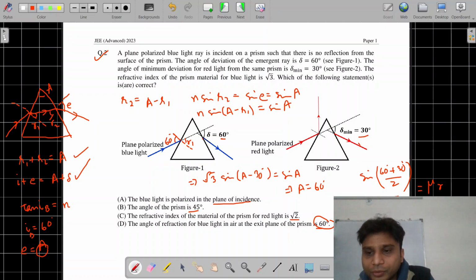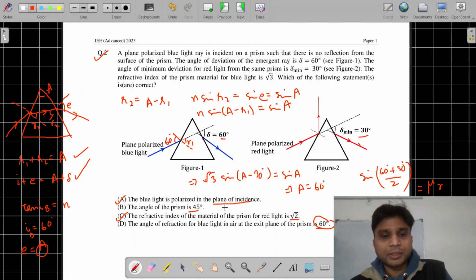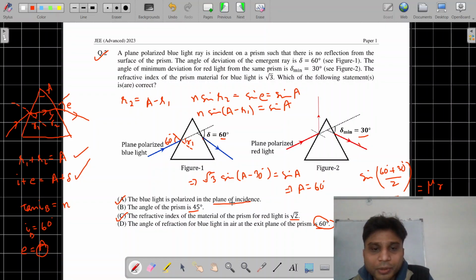So it will get inverted, and we get square root 2. So option C we are getting, and option A we are getting up till now, because blue light is polarized in plane of incidence. The angle of refraction for blue light at the exit plane is 60 degree. That means we have to prove that angle of emergence is also 60 degree. We already proved that A is 60, so the angle of emergence is also 60.